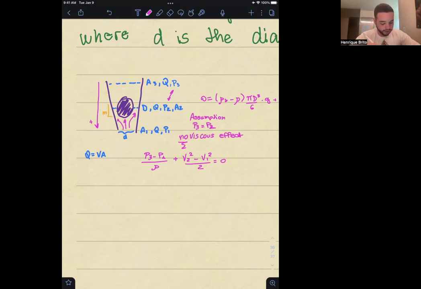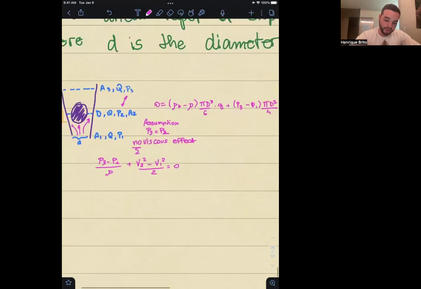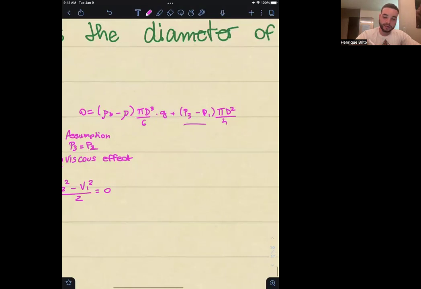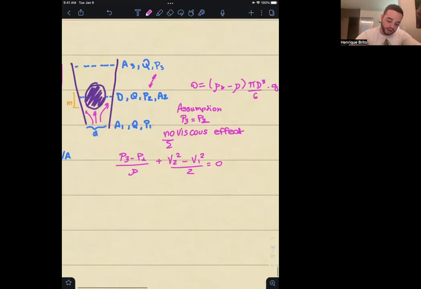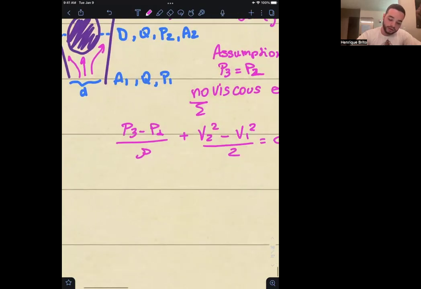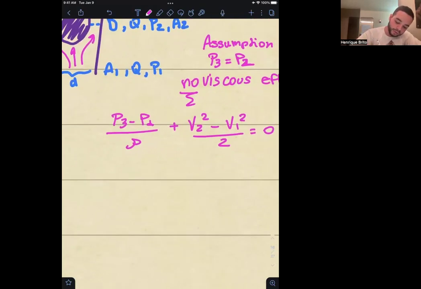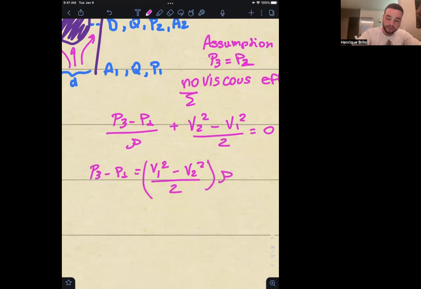After that, we're going to isolate P3 minus P1, just because we have this here. So let's try to combine those two equations. I mean, why not, right? If we do that, we would have P3 minus P1 equals V1 squared minus V2 squared over 2, times our density.